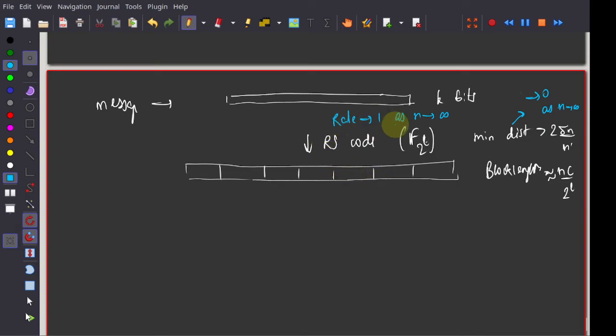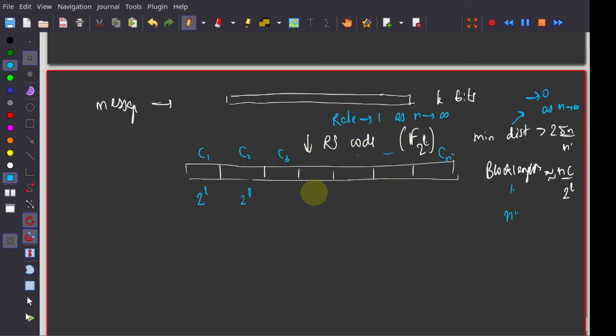So you can view this particular sequence as a sequence of blocks of L bits each, so this is actually the field size. So you can view these code words, let's say that the block length is equal to n double prime.